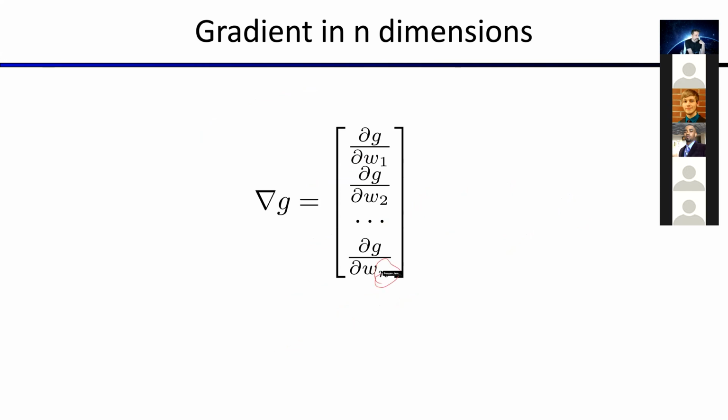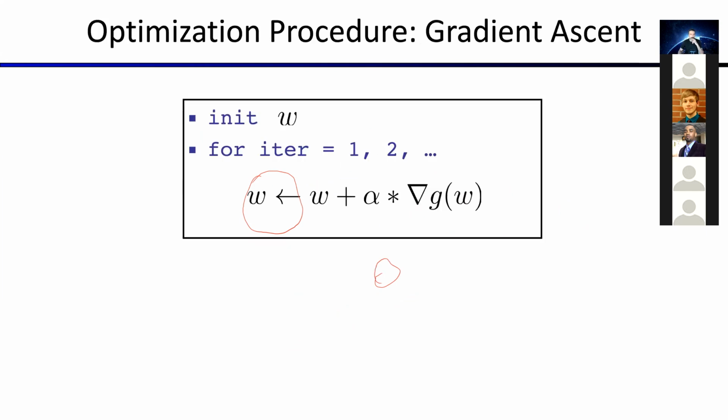So basically, the gradient is a vector of n dimension. It's very similar to 2 dimension, and we can do the same procedure as we move forward according to the algorithm. So in this case, we have a very simple iterative algorithm.